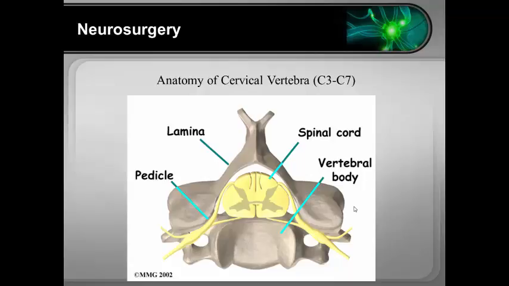The lamina is part of the vertebral wall that surrounds the spinal cord and protects it. And the spinous process is at the top of the picture or towards the back of the person facing you. The lamina can develop bone spurs, and those can impinge the spinal cord, leading to spine surgery.